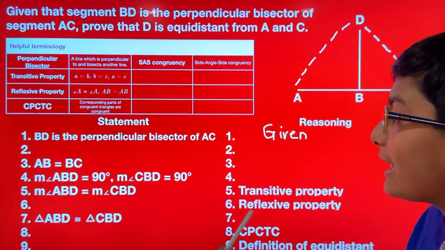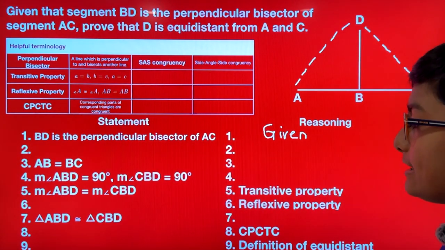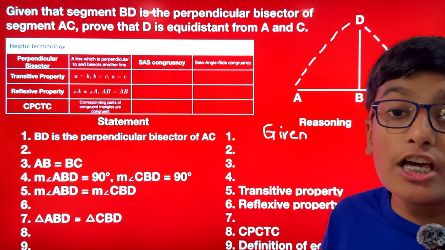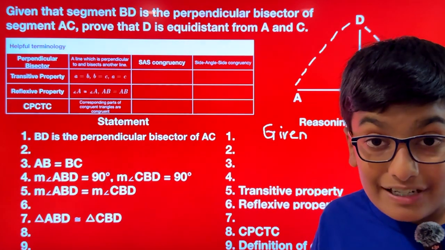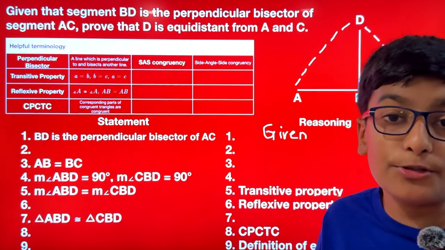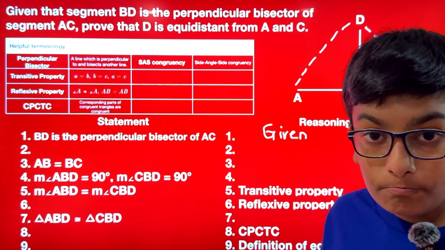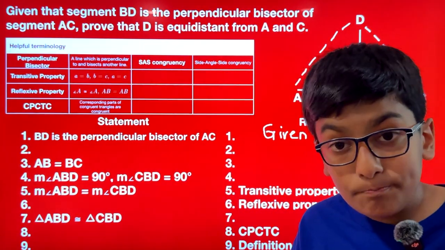So, for example, let's take a look at statement 4. The measure of angle ABD is equal to 90 degrees and the measure of angle CBD is equal to 90 degrees. Well, this would be resultant of the intersection of perpendicular lines, because perpendicular lines intersect at 90-degree angles. So, that would be most likely what statement 2 is.